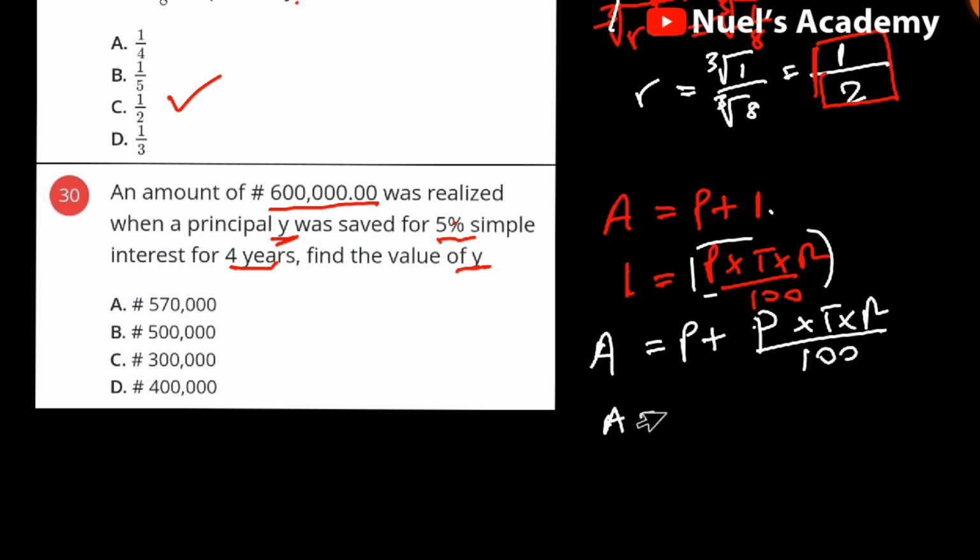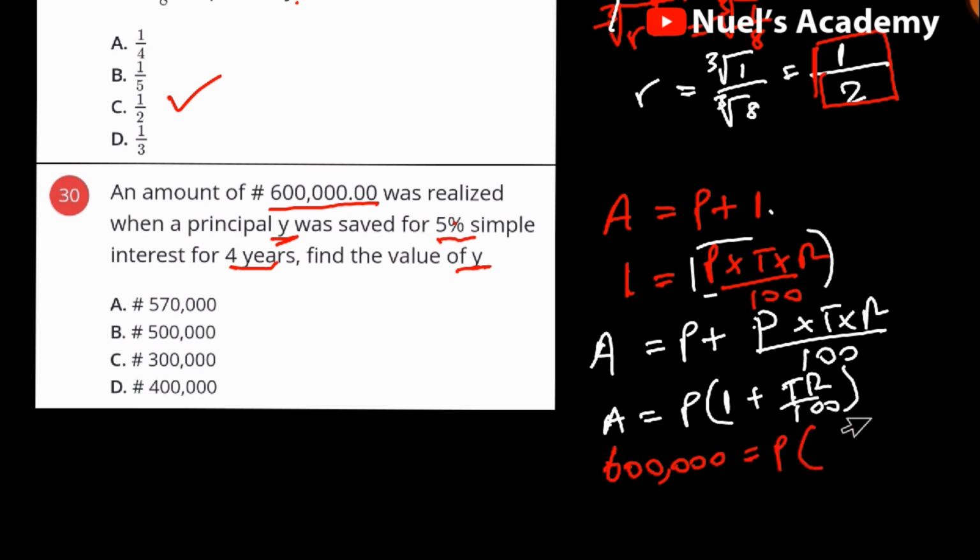So A is equal to, if you factor out the principal, we are left with P times (1 plus time times rate over 100). If you plug in the values of principal, rate and time here, the amount given is 600,000, equal to principal multiplied by 1 plus the time here, which is 4 years, multiplied by the rate, which is 5%, that is 5 over 100, equal to 0.05.